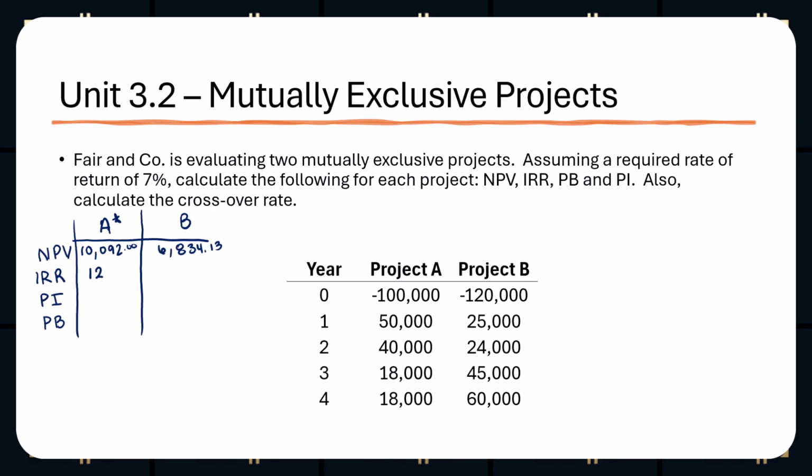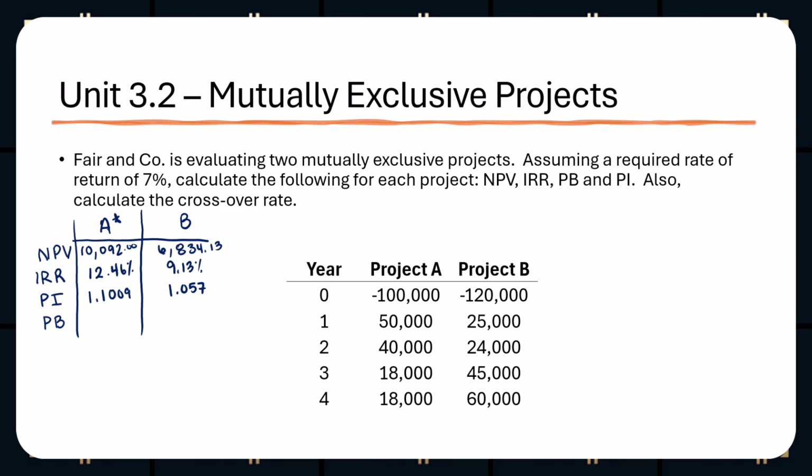Now, it just worked out this way that the IRR happened to be greater for Project A than it was for Project B. And so too was the profitability index at 1.1009 versus 1.057. So those first three metrics all came out and said, look, accept Project A: the NPV is better, the IRR is better, the profitability index is better.